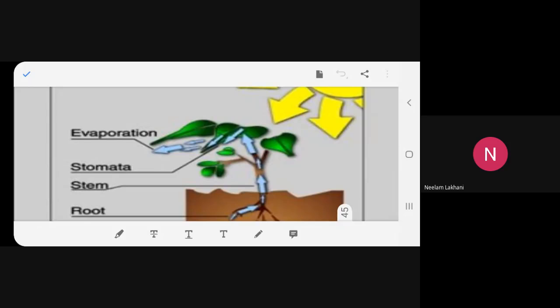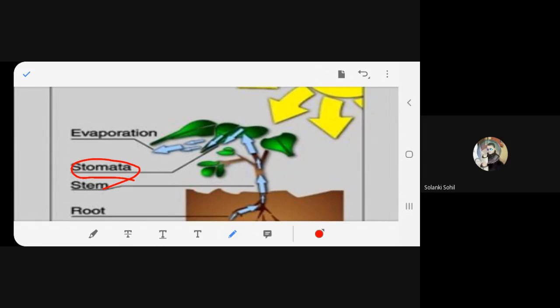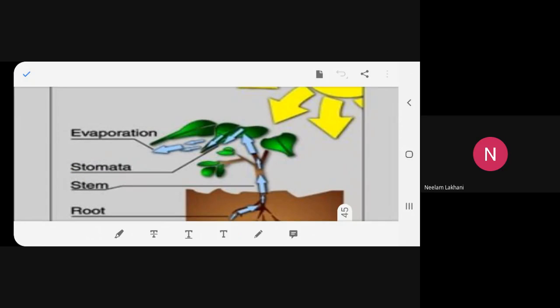I told you just now that leaves lose water, so the water is evaporating from the leaves. Obviously it is coming out from the stomata. Leaves have small, dot-like bodies called stomata. Understood, beta? Now you see the mechanism over here. You can see the arrow.